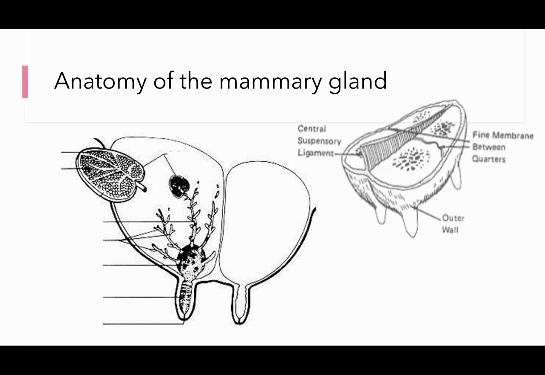As we move on to talk about the anatomy of the mammary gland, from bottom to top, at the bottom we see something called the teat meatus. Which is right here. Next, we have the teat cistern.